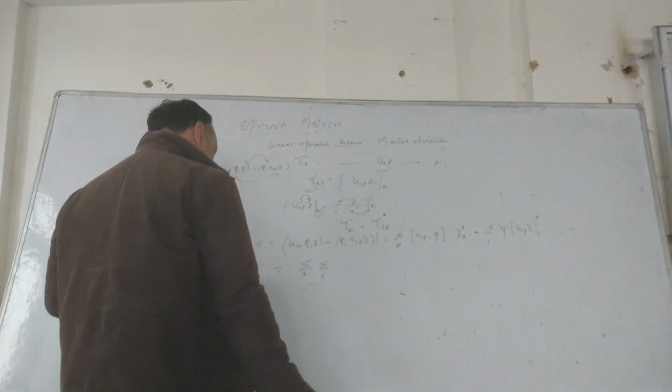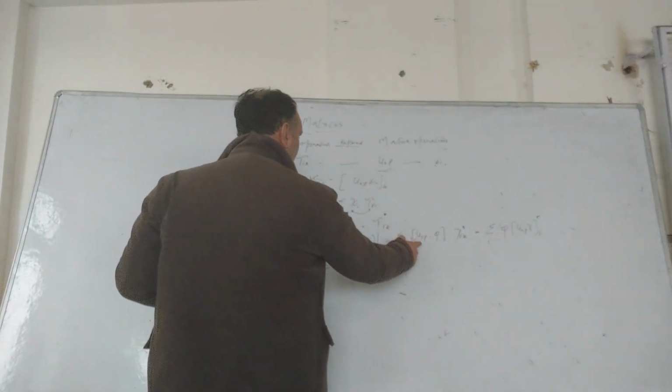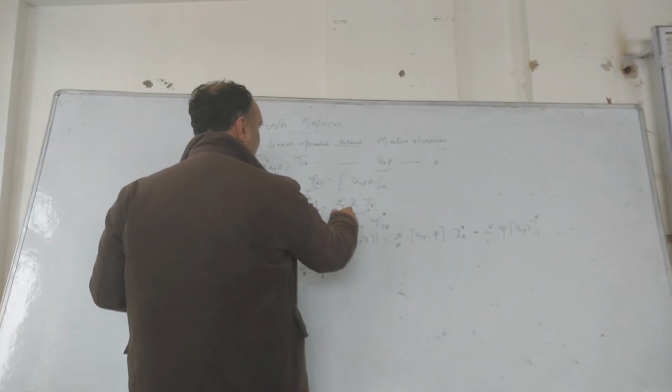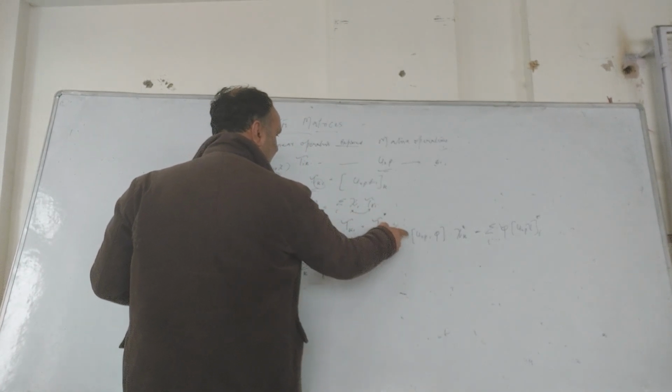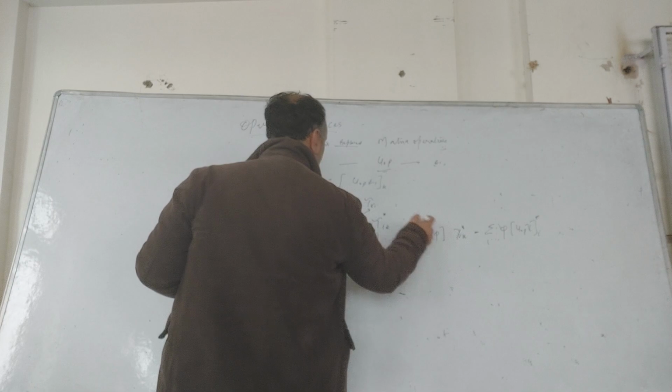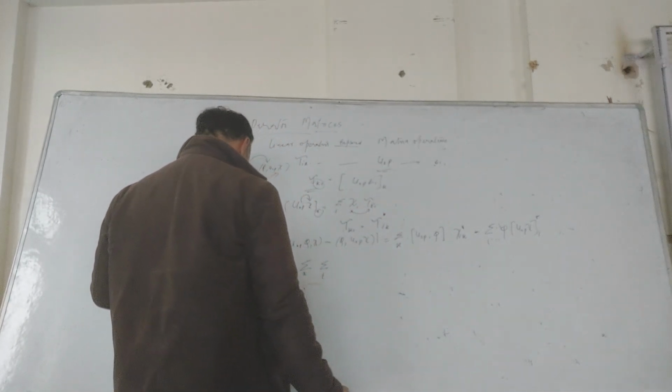You can have two indices here, operator acting on chi with this T_ki.